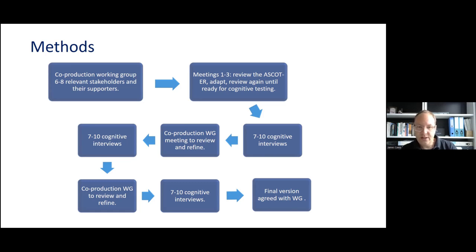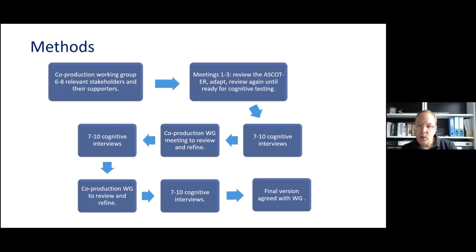So we continue to do that, say, up to 3 meetings with our working group in terms of making changes, re-reviewing, adapting, re-reviewing again, until we are happy to start testing it one-to-one with people in cognitive interviews. So there are 3 separate rounds of the cognitive interview phases, which you can see there.